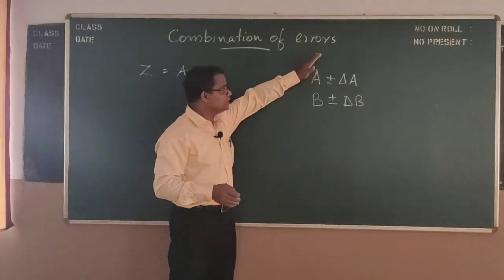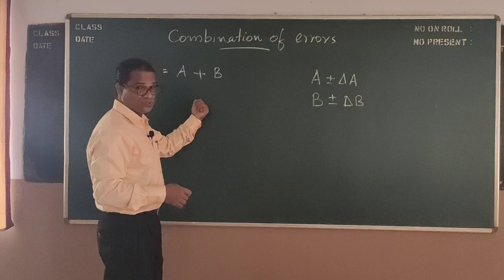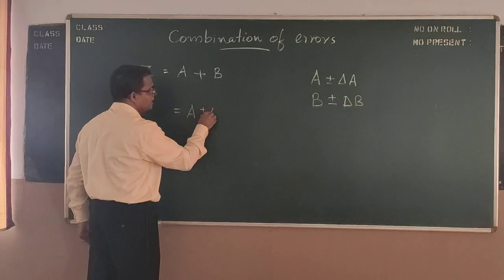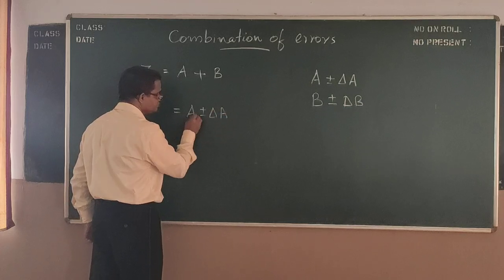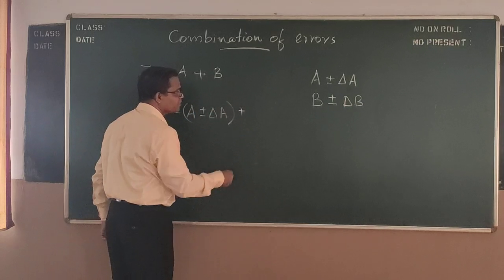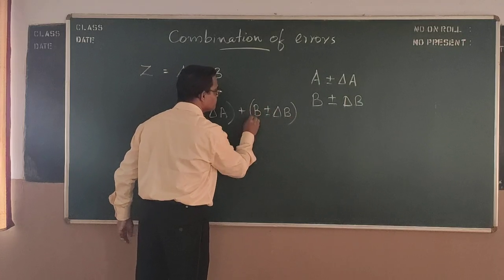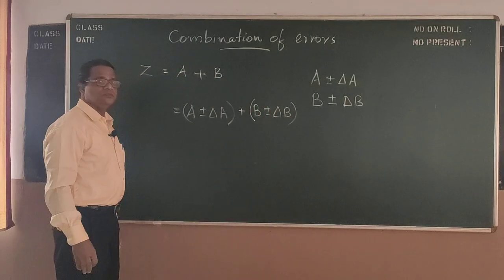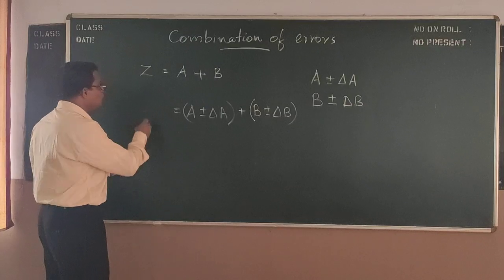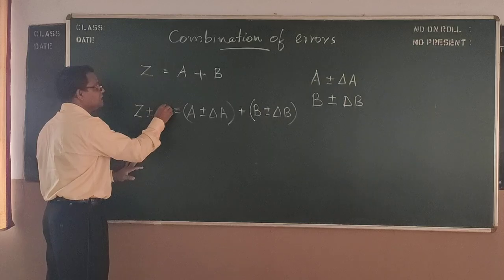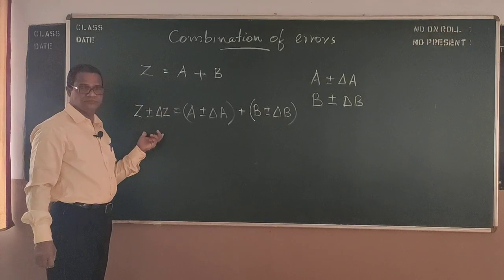So I will be substituting these two into this equation. That means I will be adding A plus or minus delta A plus B plus or minus delta B. So it's sure that I won't be getting Z, I will be getting instead Z plus or minus delta Z only.